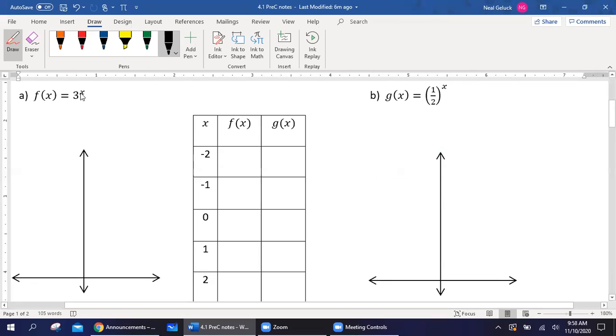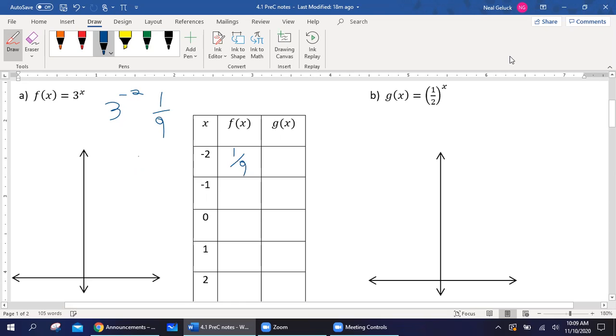So the first number would be popping in a -2. So this is 3 to the -2. Remember, a negative exponent means that we're going to take the reciprocal. So we're going to end up with 1/9.